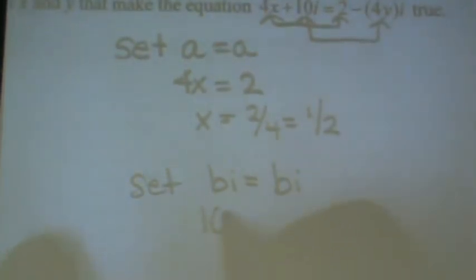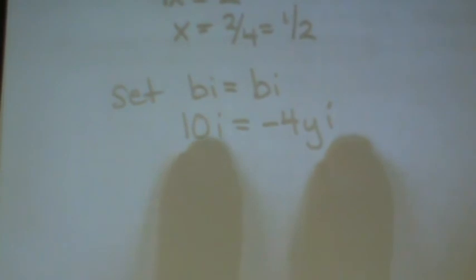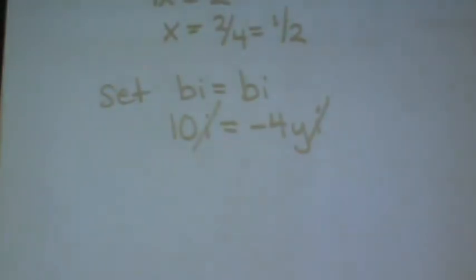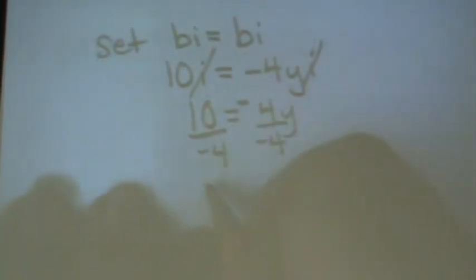So 10i equals negative 4yi. When you have two of the same, you can cancel them out. See these two? The i's cancel. Even Steven. Now you have 10 equals negative 4y. Divide by negative 4, and you get negative 5 halves, or negative 2.5.